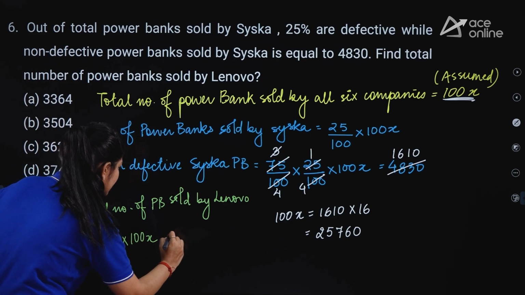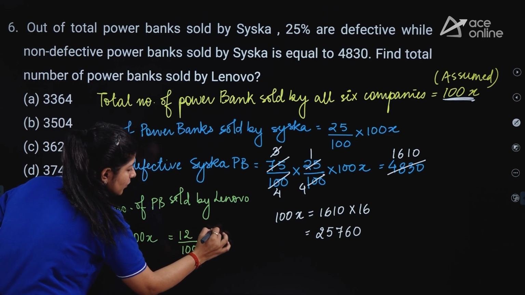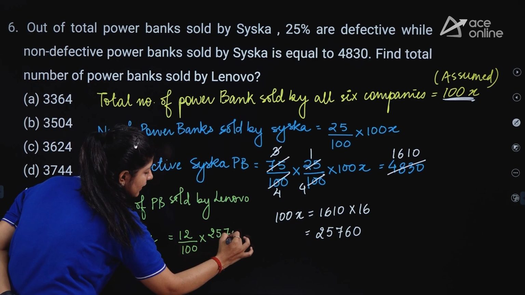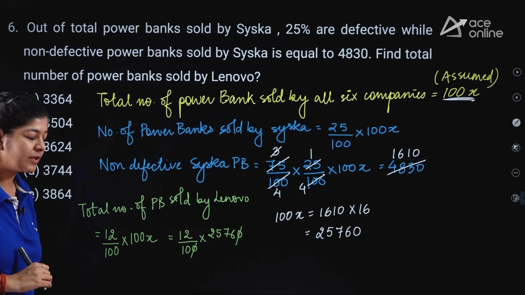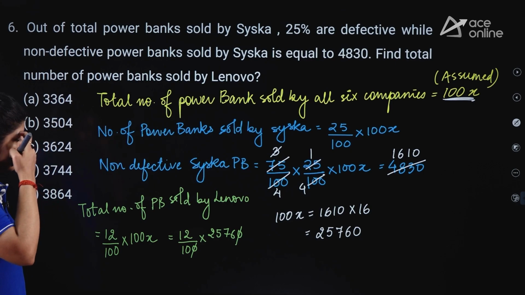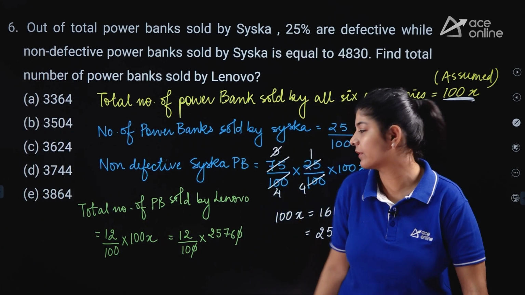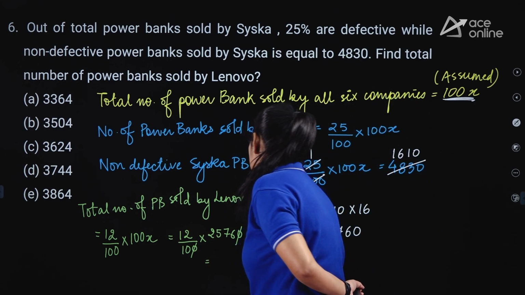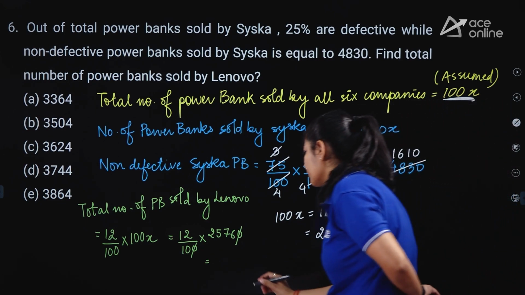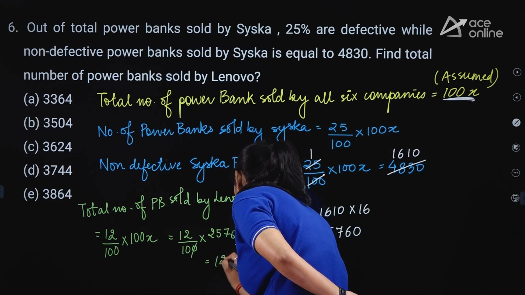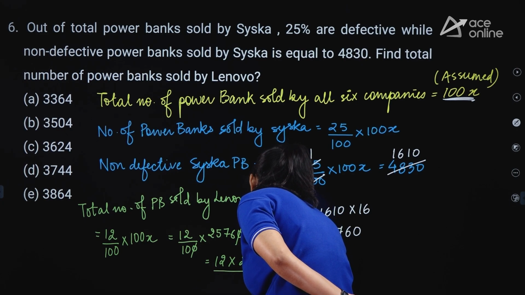So we just simply put the value of 100x: 12 by 100 into 25760. This is what we need to calculate. So this is basically your homework, because you only have to calculate the correct answer over here. All you have to do is multiply 12 into 2576 and divide it by 100.